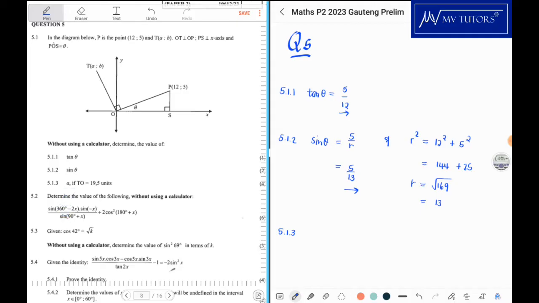So if we're looking for A, our x value, so this entire thing here is 90 degrees plus theta. All right. If I were to use this triangle, which is, this would be A, that would be 19,5.